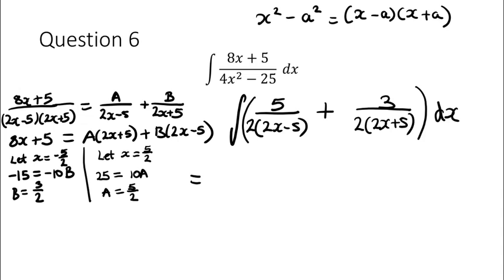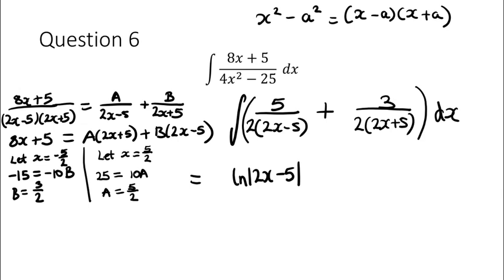So looking at the first fraction. If we just ignore the constant for a second and think of this as 1 over 2x minus 5, I'd want to try natural log of 2x minus 5. But as we learned earlier, if we differentiate natural log of a function, we put the function in the modulus on our denominator, and we put the derivative of that, which in this case would be 2, on the top. So if you differentiate natural log of 2x minus 5, you get 2 over 2x minus 5.